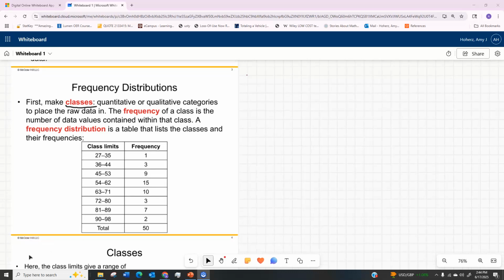I'm going to go a little bit above and beyond what it's asking us to do right now, because I think it makes more sense to understand this right now. So they've decided to do 8 classes. Now that's completely up to whoever's making the frequency table or whatever the problem asks you to do.